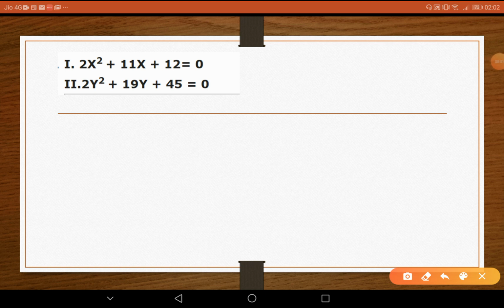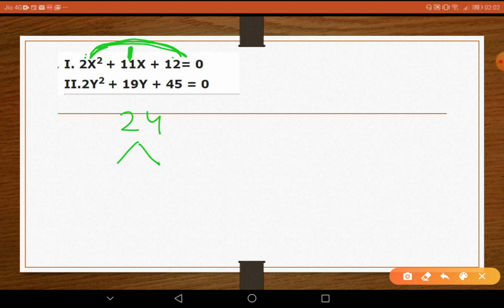Basically we have to break this quadratic equation in such a way that the multiplication of c into a, that is 24, is factorized so that the addition is 11 but the multiplication is 2 into 12.